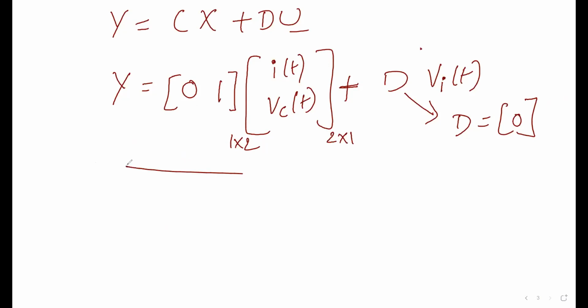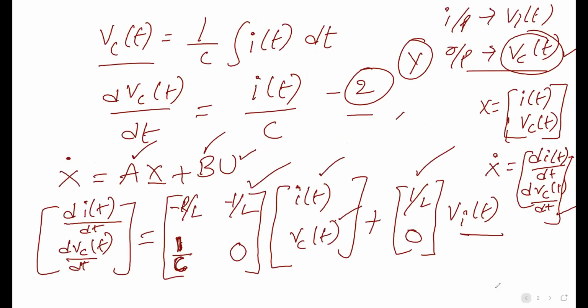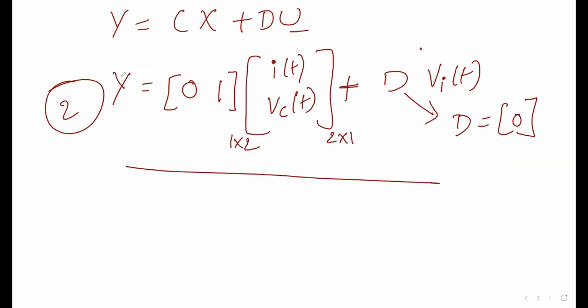So this is the representation of the state model. This is the output equation and the state equation. State equation, state matrix equation, and output equation model, right?